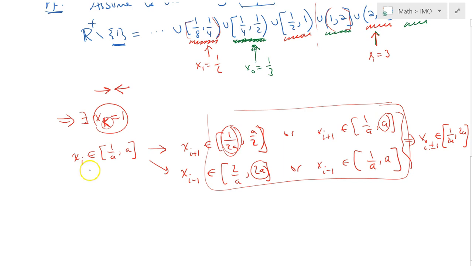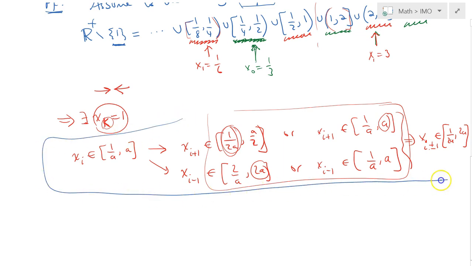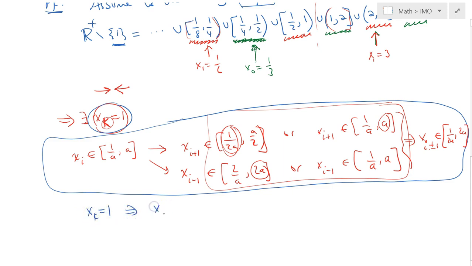Now we can generalize this result pretty quickly for our x sub k. So we know that x sub k is equal to 1, which would lead to x sub k plus or minus 1 being in the interval 1/2 to 2, and similarly x sub k plus or minus 2 will be in the interval 1/4 to 4, and so on.